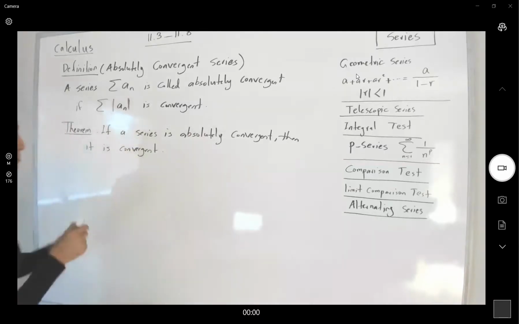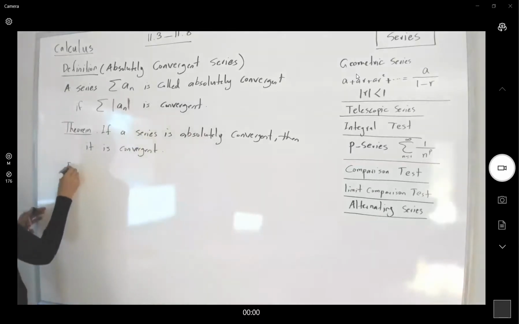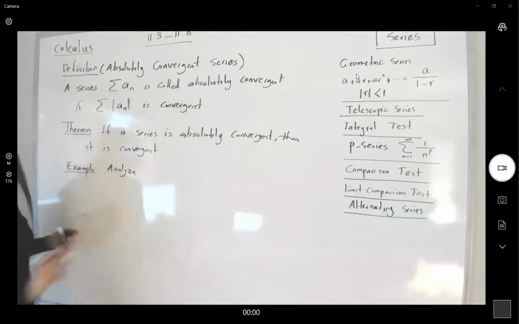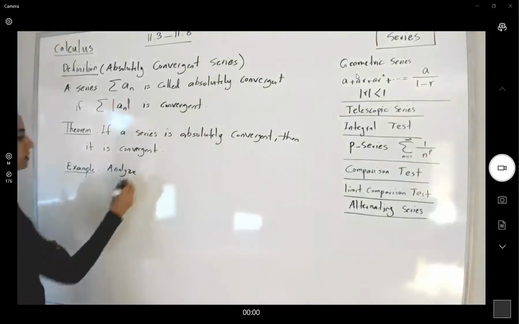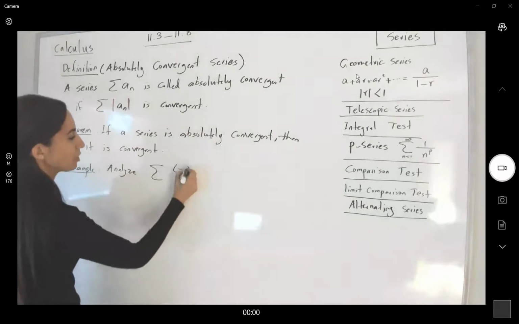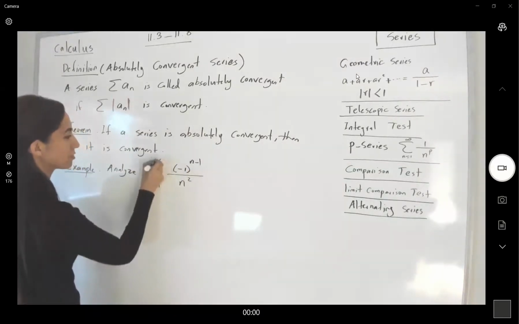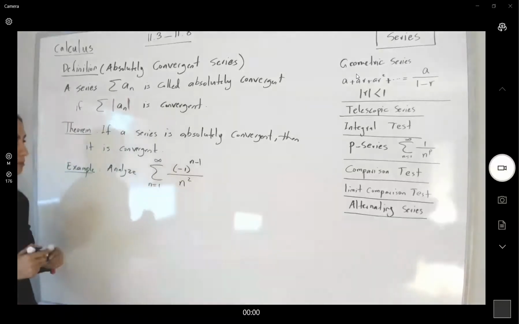For example, the question says, analyze this series, the sum of -1 to the n minus 1 divided by n squared, n starts from 1 to infinity.